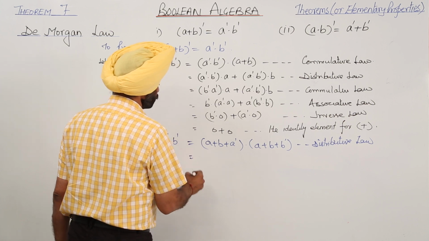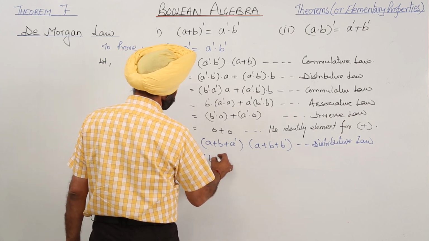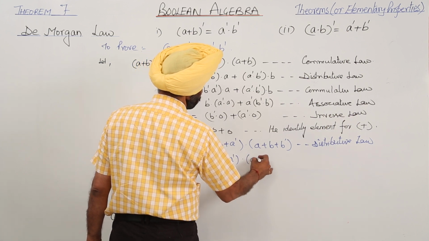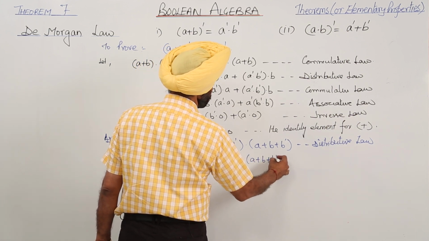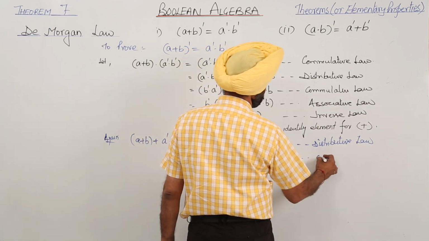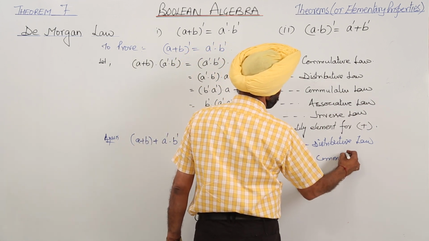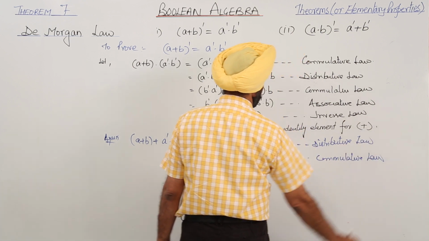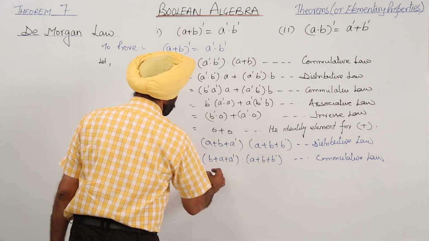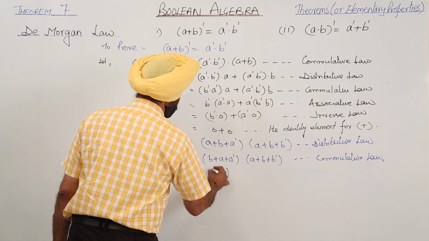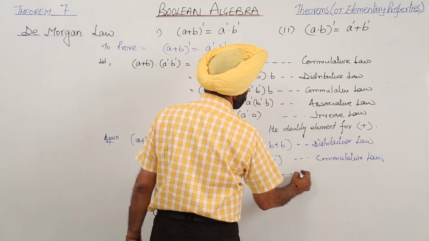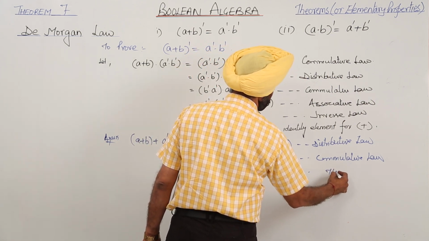Now to this what can we write? B plus A inverse dot A plus B inverse. Again now this becomes B plus 1 dot A plus 1, by theorem 2.